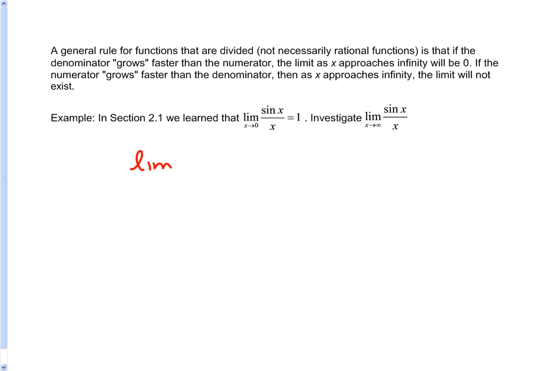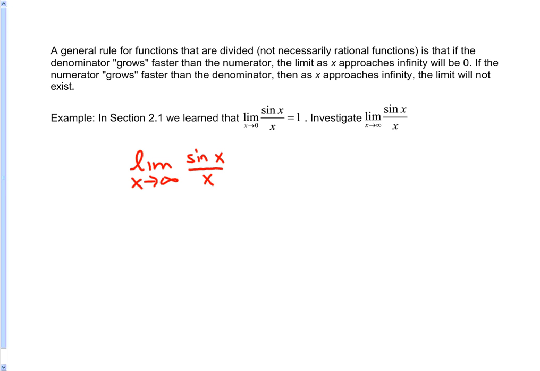So with this limit, let's examine the numerator and the denominator. Well, in the numerator, the sine of x is going to fluctuate between +1 and -1 as we go through the various values of x. In the denominator, x is going to keep growing, so the denominator is going to keep getting larger and larger and larger.